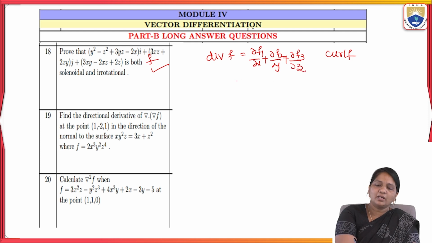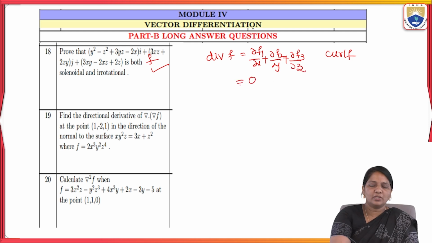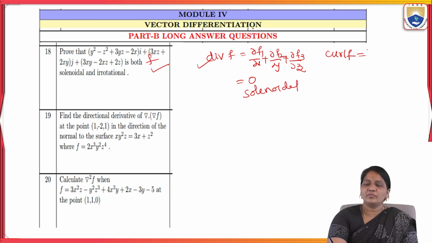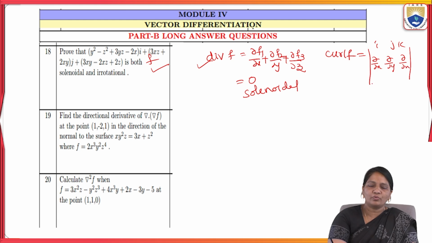If you are getting 0, then we can say that this is solenoidal. Then you have to take curl F, that is the determinant value you have to calculate: i, j, k, dou by dou x, dou by dou y and dou by dou z. We have to write the coefficients of x, y and z. If you are getting 0, we can say that this is irrotational.